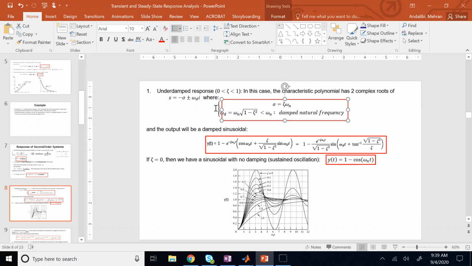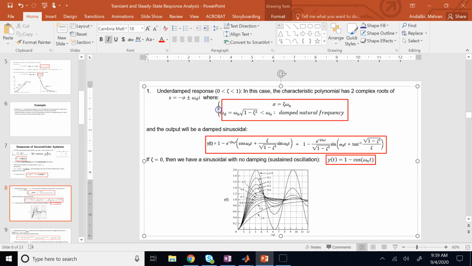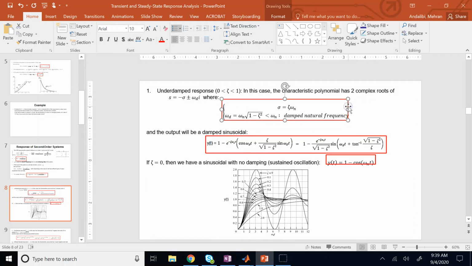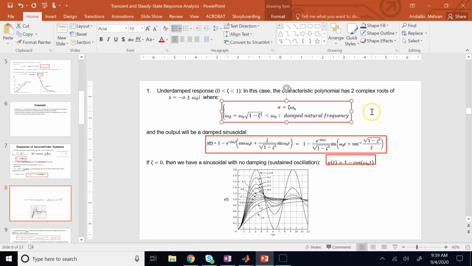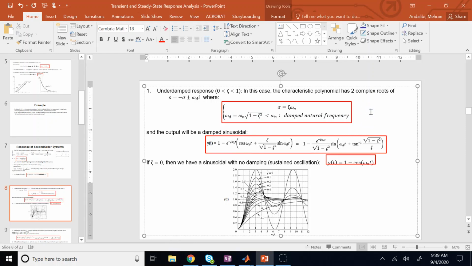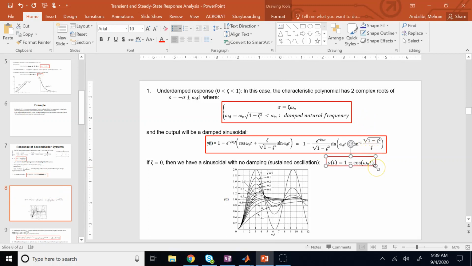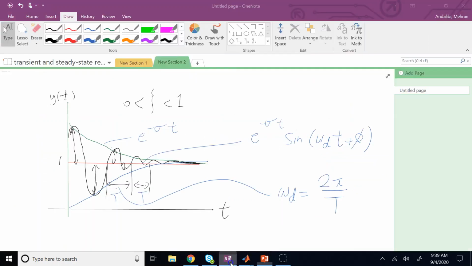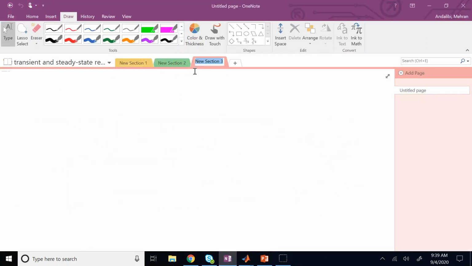That omega n, the natural frequency, is for when you do not have any damping in the system. If you have any source of friction, anything that wastes energy, you might still have an oscillatory response, but its frequency is less.